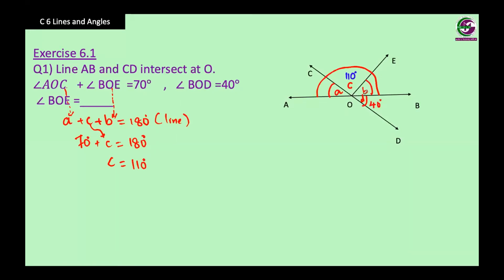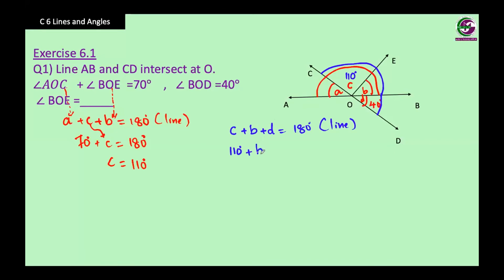Now let us move on to the question to find angle B. Angle B, C and D are together on another straight line COD. So we can write angle C plus B plus D is forming a straight line. So the angle is 180 degree. C is 110 degree.